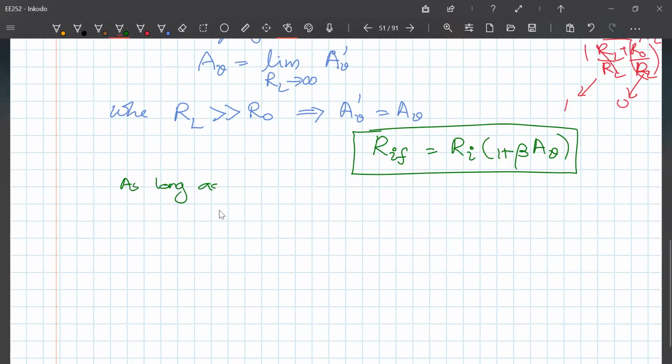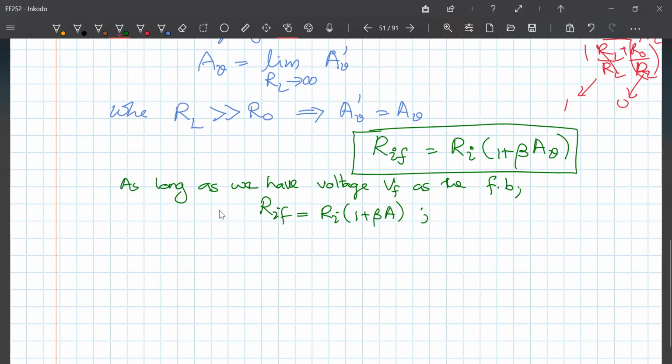As long as we have voltage Vf as the feedback, Ri with feedback will be equal to Ri times 1 plus beta A. A is equal to AVOGM.